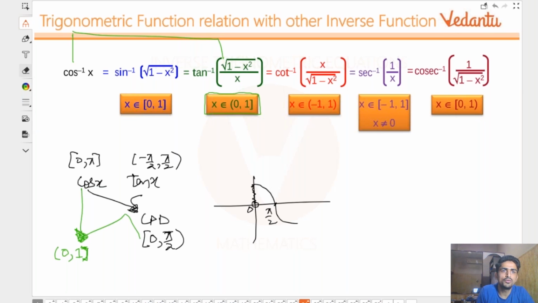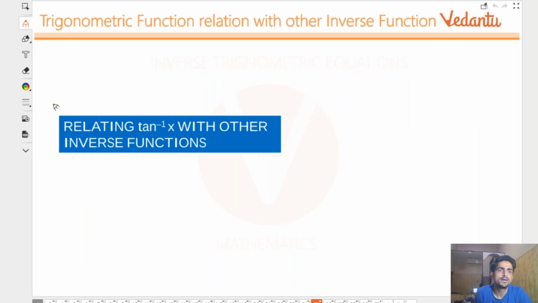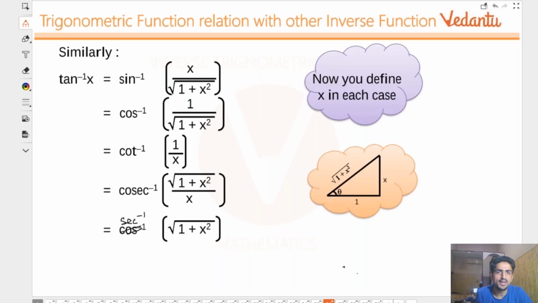So certainly now we can write all the conditions whenever we want. You just tell me one thing. What will be the condition for this? Secant. Try to do it. Write tan x, write secant x.